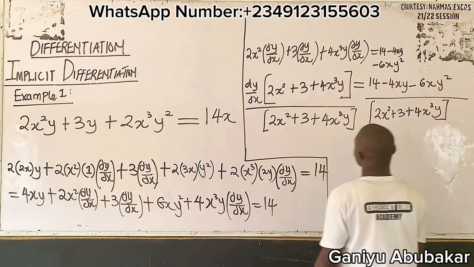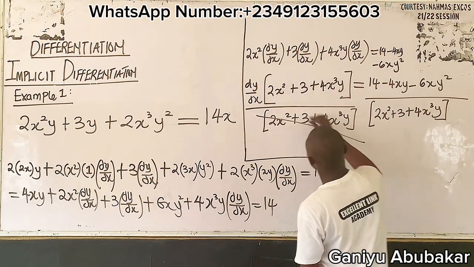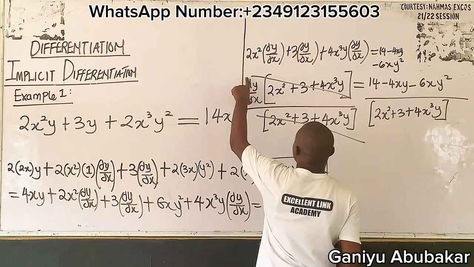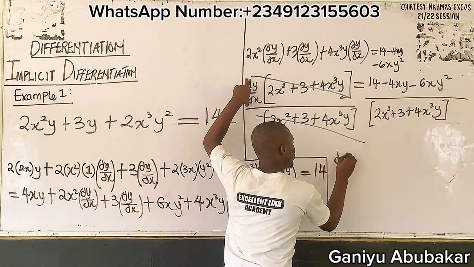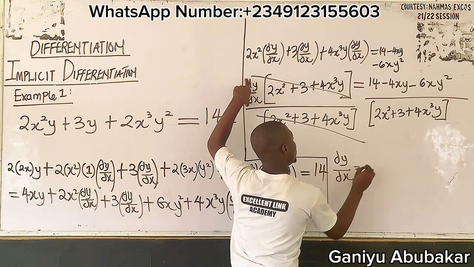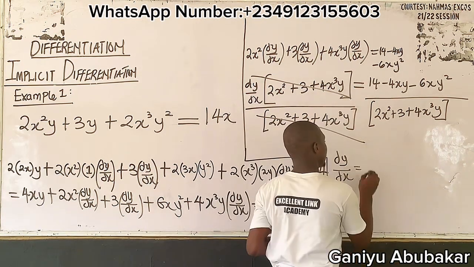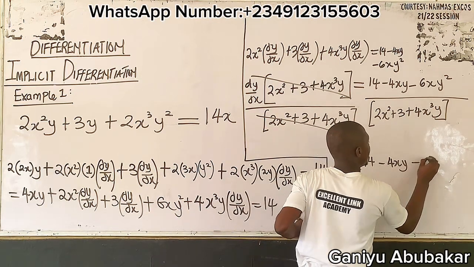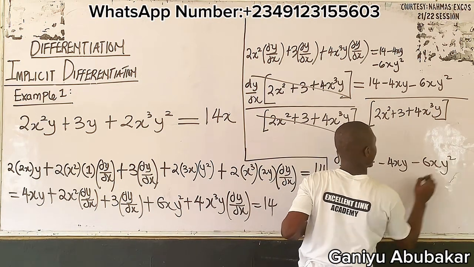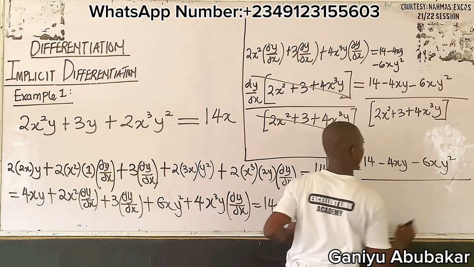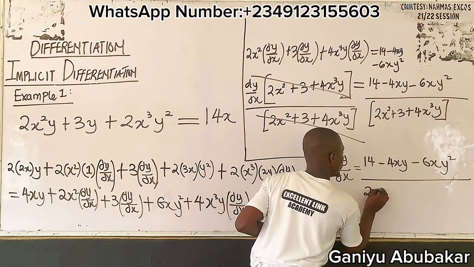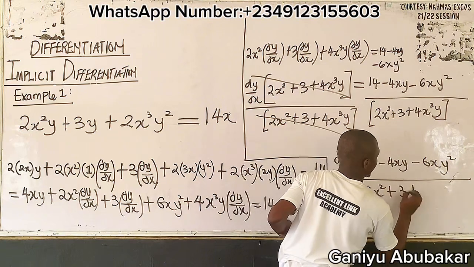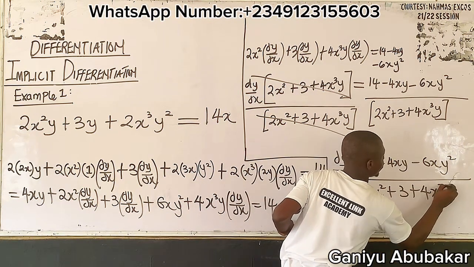I have this, so this one we cancel this. I'll have that my dy over dx will be equal to this answer here. That's 14 minus 4xy minus 6xy squared all over 2x squared plus 3 plus 4x cubed y.